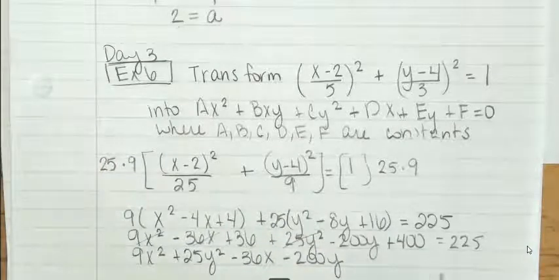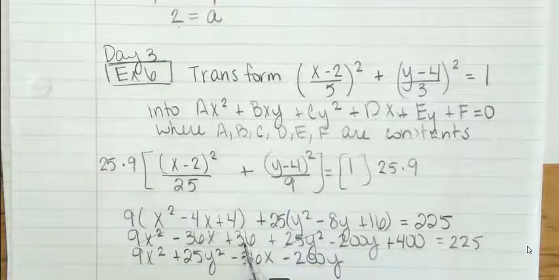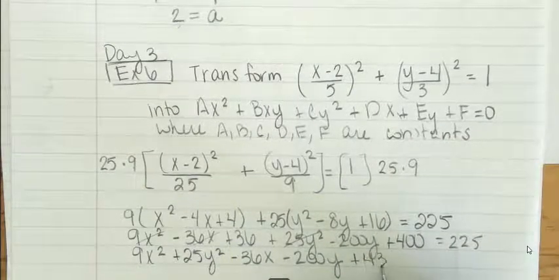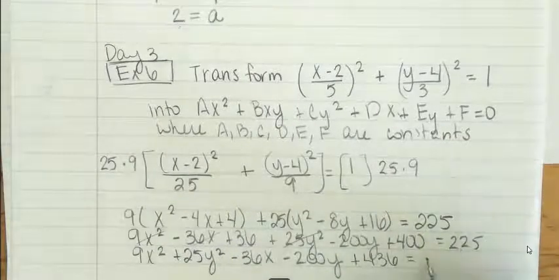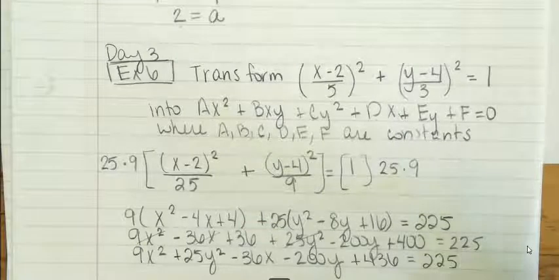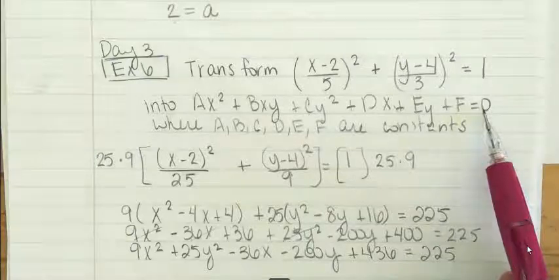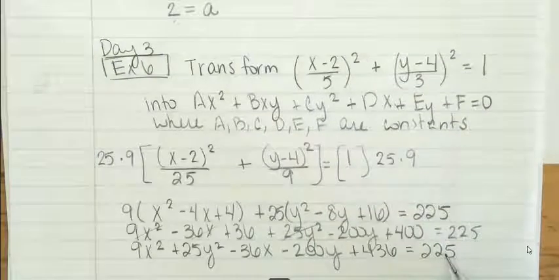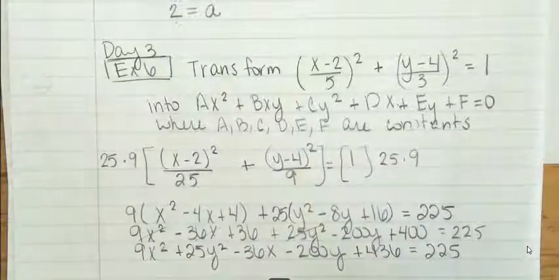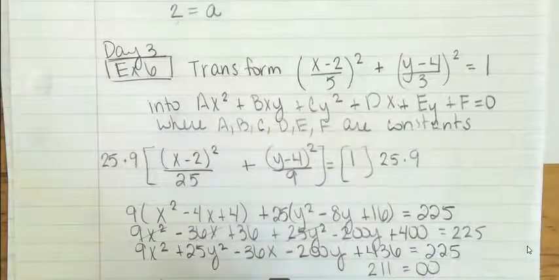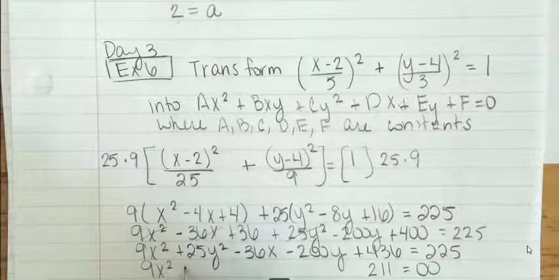On this side, I've got 436, so I'm going to write that out, and then I'm left with 225 over there. But for our standard form, we wanted it to be equal to 0, which means now I need to subtract that 225 over, and that'll give me 211. And I'll just rewrite everything else.